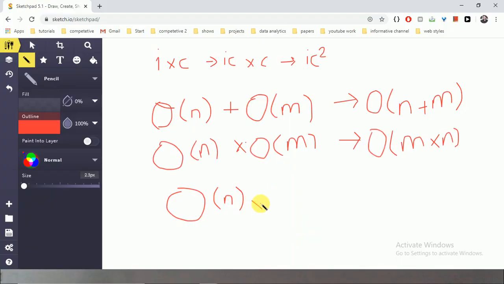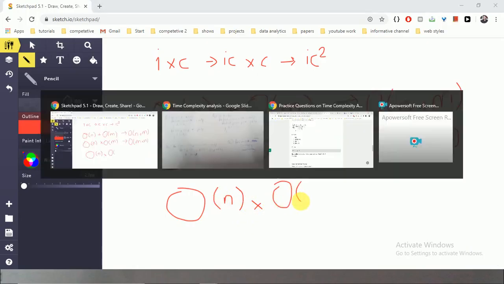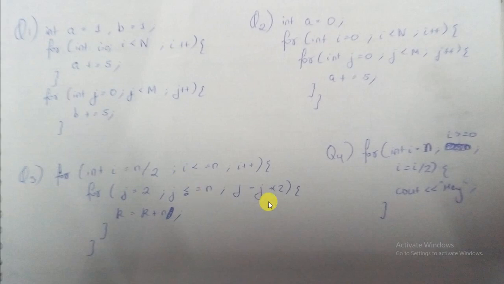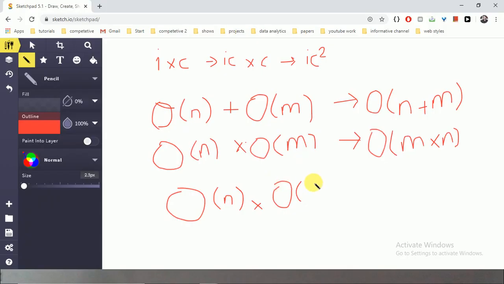Because the loops are nested, we have to use the multiply sign. For the inside loop, it is multiplied by a factor of 2, so it is log n, which we have studied. So the time complexity of this is O of n log n.